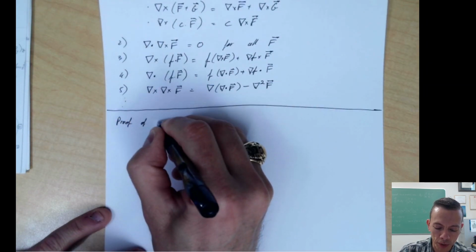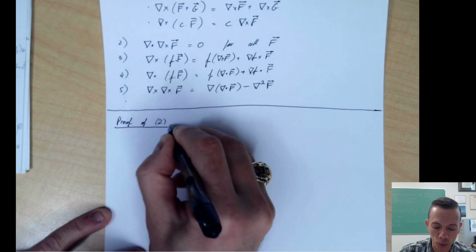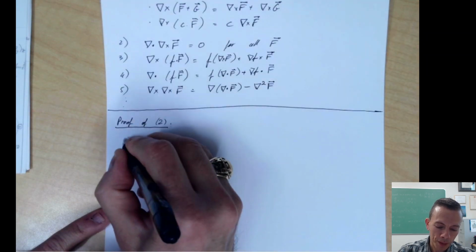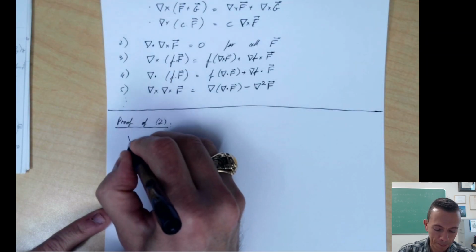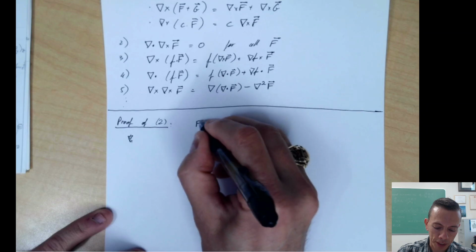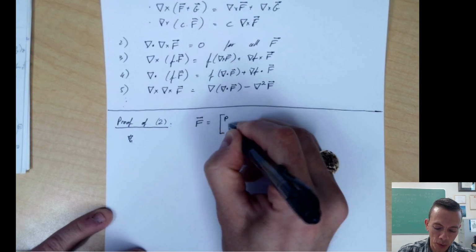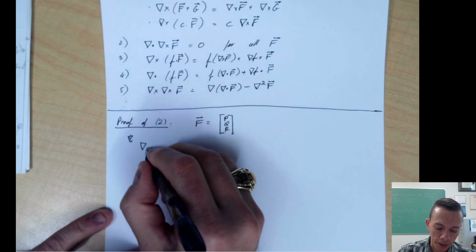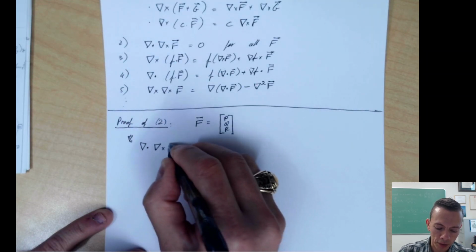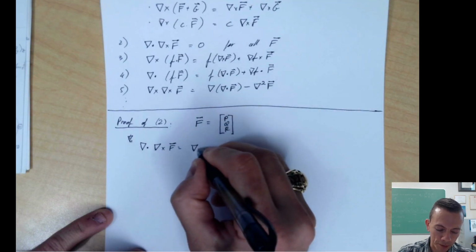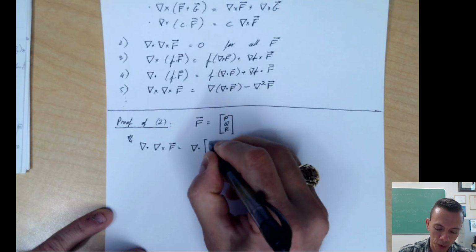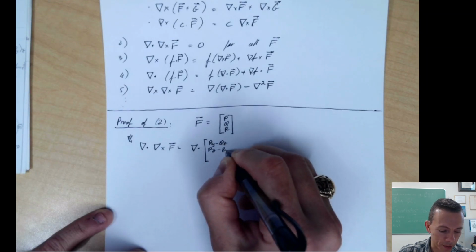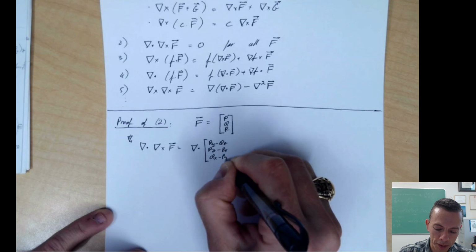If you want to prove number 2, for example, all you've got to do is rewrite everything in terms of components. So for 2, if you have a vector field F with components P, Q, R, then the divergence of the curl of F is the divergence of ry minus qz, pz minus rx, qx minus py.